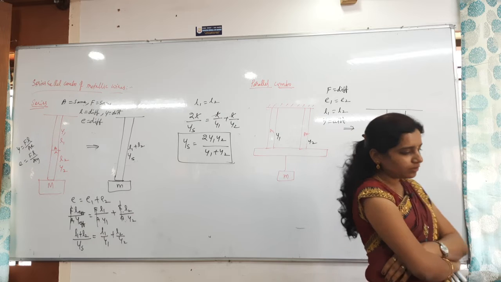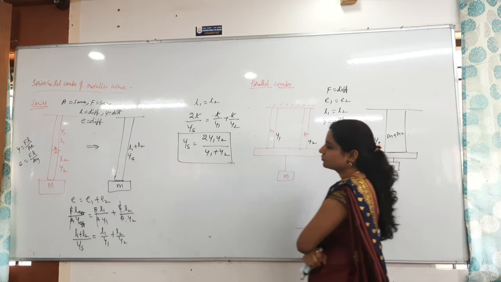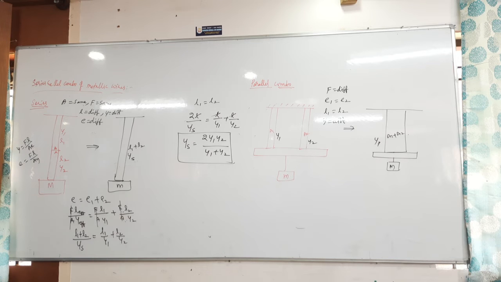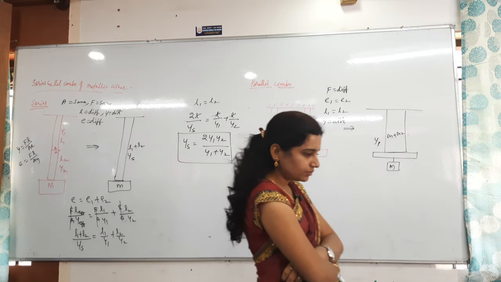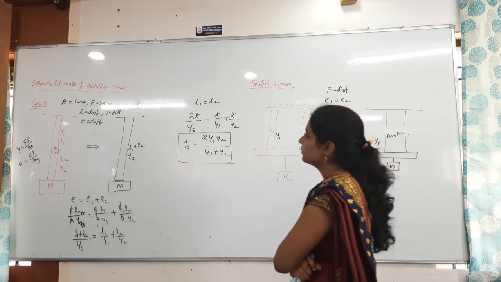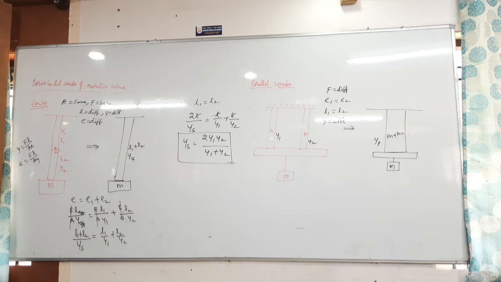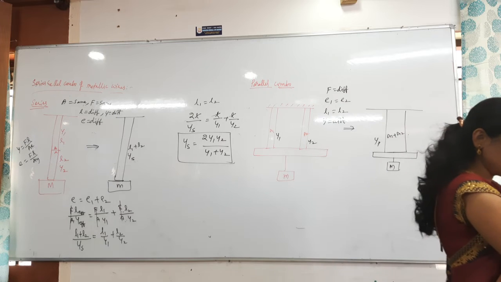Of areas A1 and A2, their Young's moduli Y1 and Y2, added parallelly with each other, then find the effective Young's modulus of the combined rod. Effective Young's modulus of the combined rod.